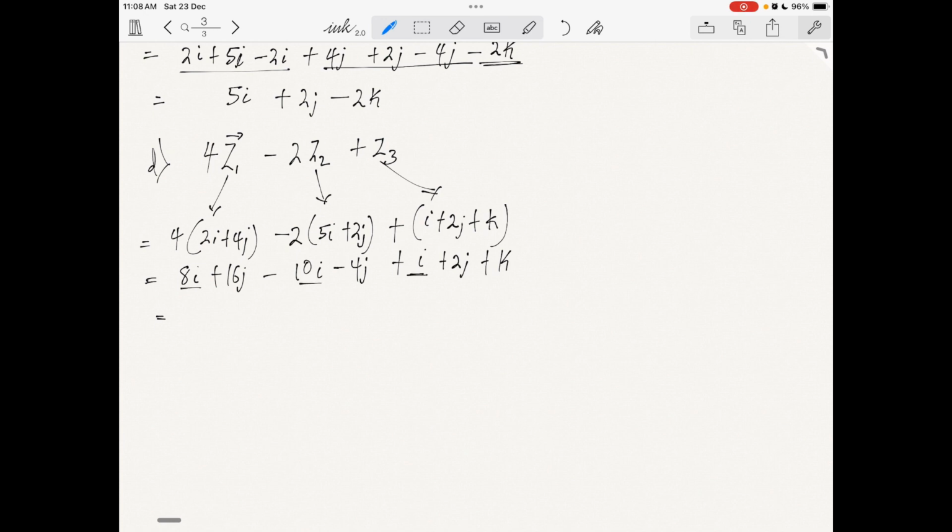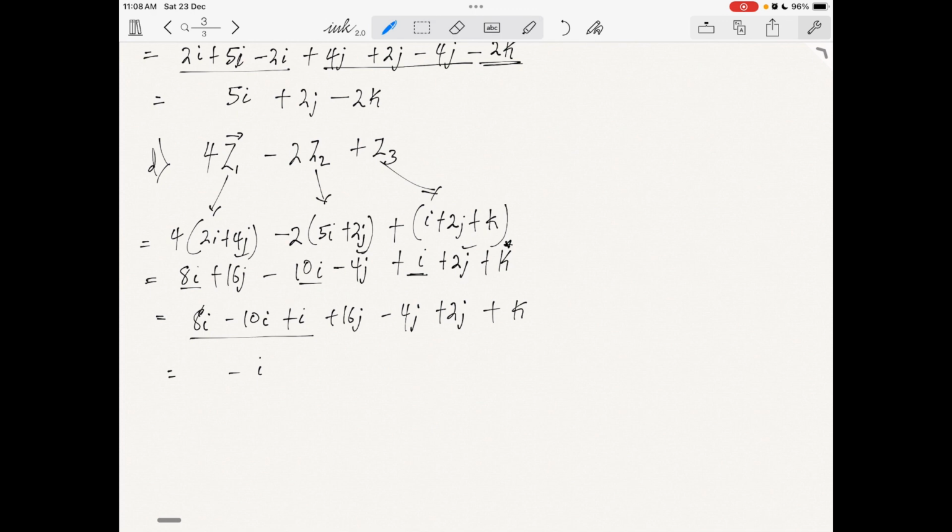That gives us 8i minus 10i plus i. And for the j, we have plus 16j minus 4j plus 2j. And here also we still have just a single k, plus k. So 8 minus 10 plus 1 will give us minus i.